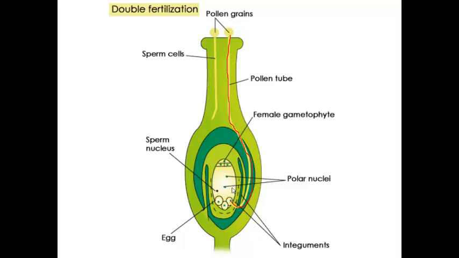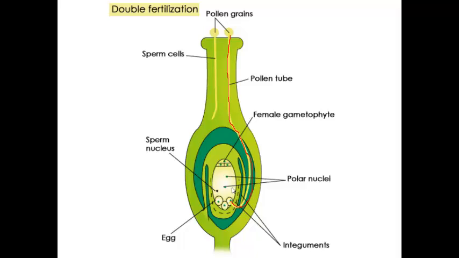We call them polar nuclei. When one sperm fertilizes this egg, it goes from being diploid to triploid. This triploid cell becomes what we call the endosperm, and the endosperm is going to function as food for the developing embryo within the seed.